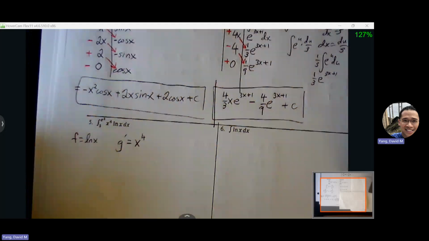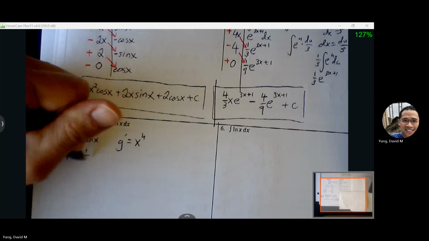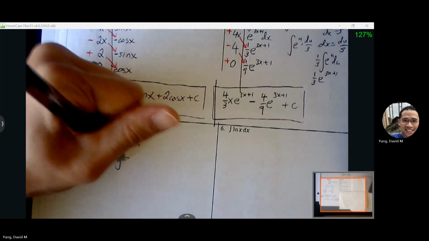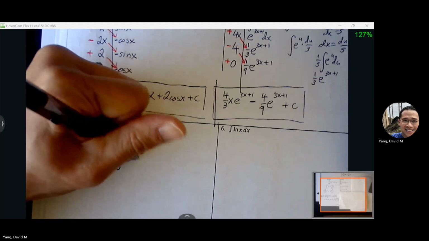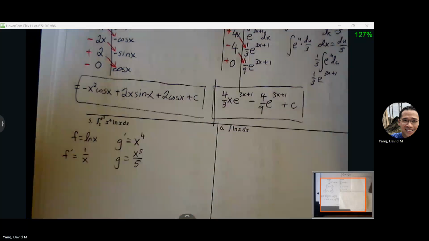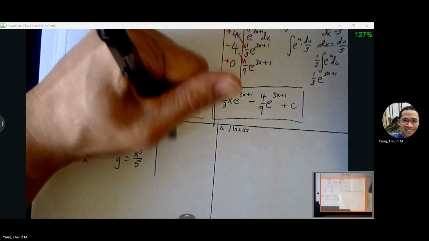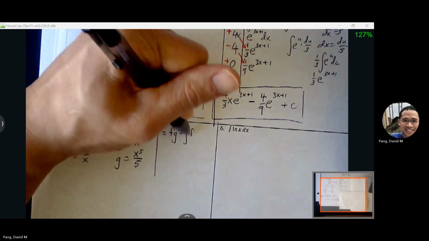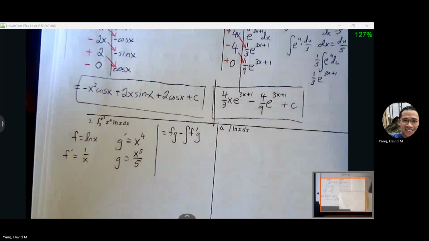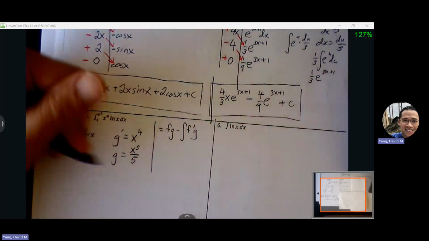Natural log's derivative is u prime over u. And power rule antiderivative for that g prime to g. So fg minus integral of f prime g.